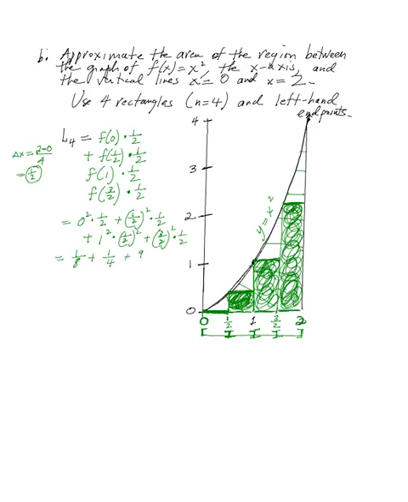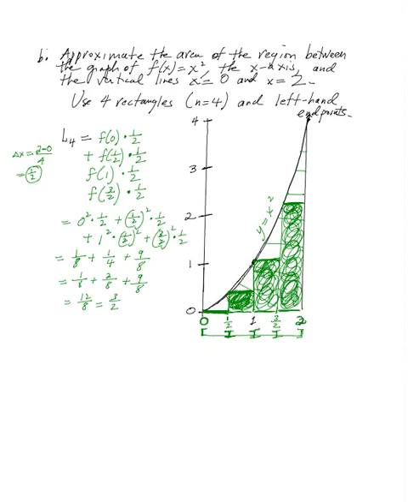That's 9/8. So I get 1/8 plus 2/8 plus 9/8. That's 12/8. If I divide top and bottom by 4, that's 3/2. So L4 is 3/2, or 1.5 units.